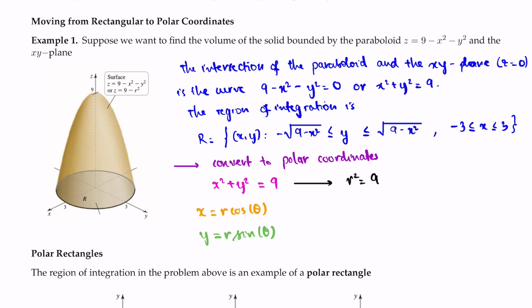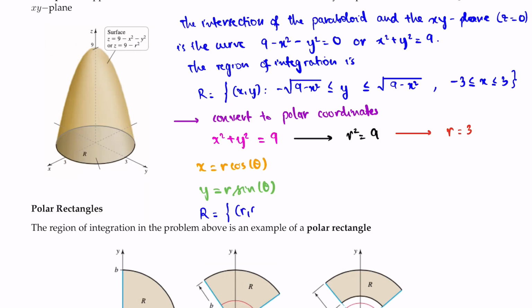If you take the square root on both sides, you have r equal to 3, taking the positive value because r is the radius, and radius is always a non-negative number. Therefore, the region of integration in Cartesian coordinates can be converted into the region of integration in the polar coordinate system as follows: R is the set of all points r comma theta such that r is bounded between 0 and 3, and theta is bounded between 0 and 2 pi.